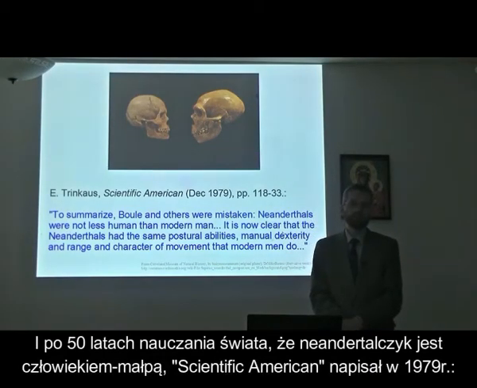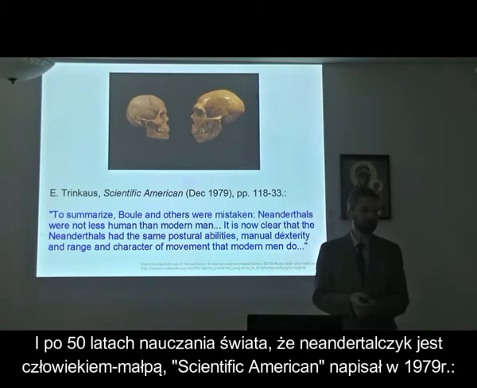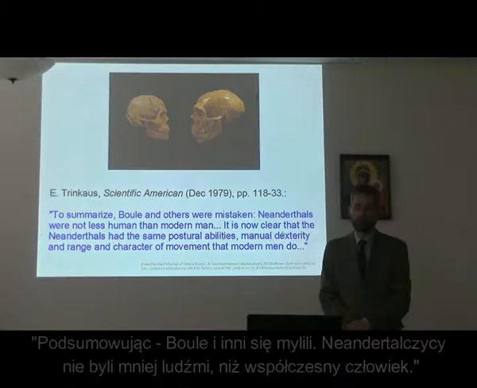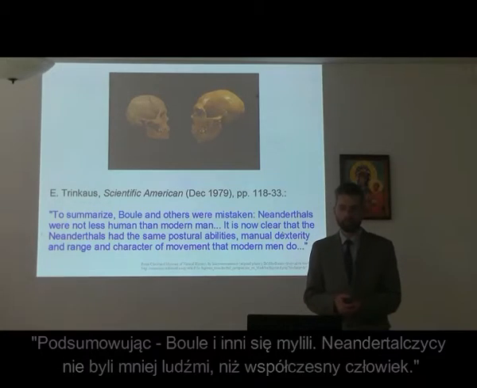And after 50 years of teaching the world that Neanderthal man is the searched-for ape man, Scientific American wrote in 1979, to summarize, Boule and others were mistaken. Neanderthals were not less human than modern man.